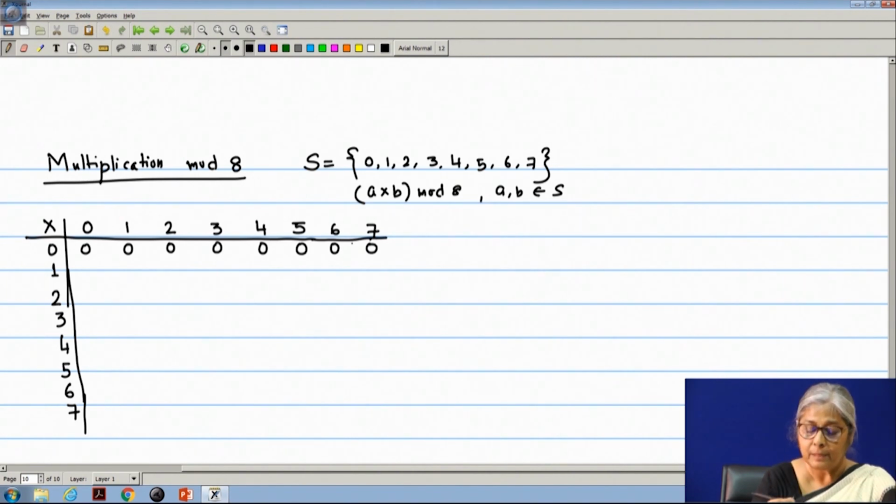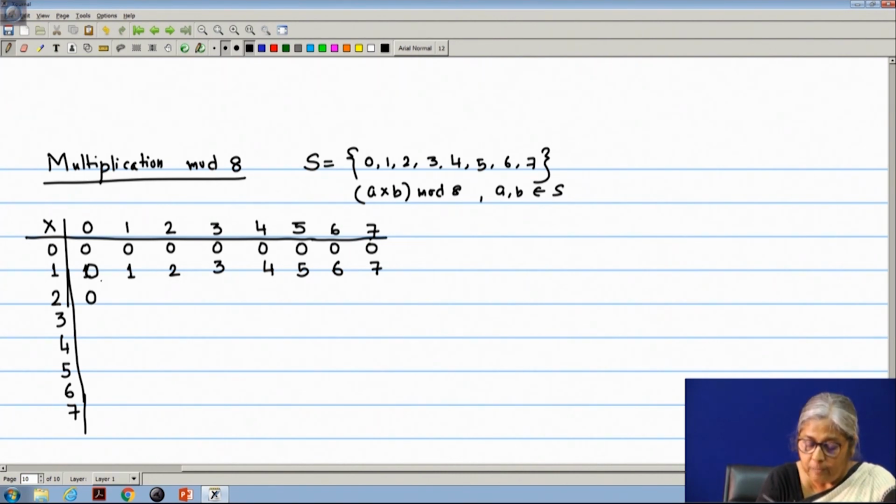Now, 1 into 0 is 0, and 1 into 1 is 1, 1 modulo 8 is 1, then 2, since it is multiplied by 1 only. All are less than 8, so the remainder will be the same when divided by 8.